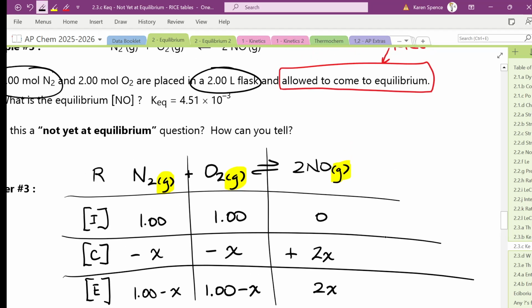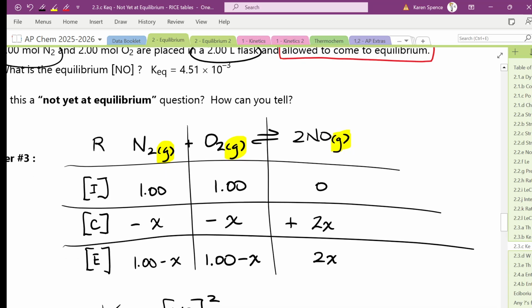And I have to be honest, I usually don't solve this until I've chucked the numbers in. I usually chuck the numbers in and then solve, but you can do it the other way too if you want to. 4.51 times 10 to the minus 3.